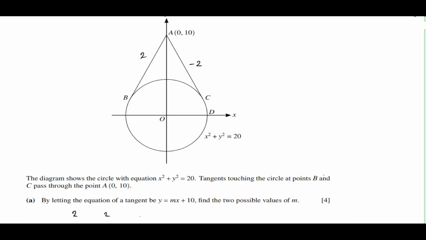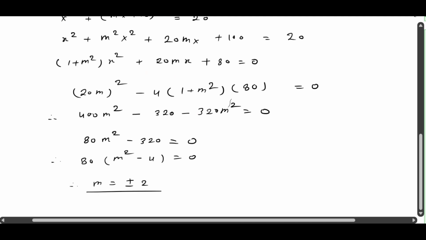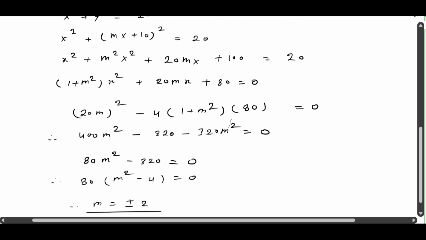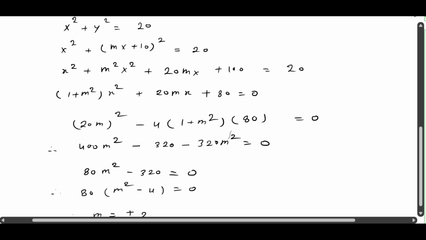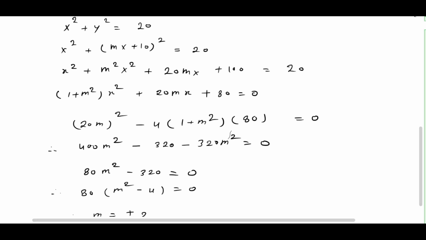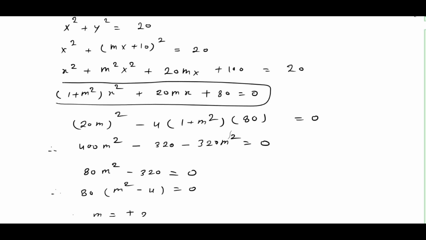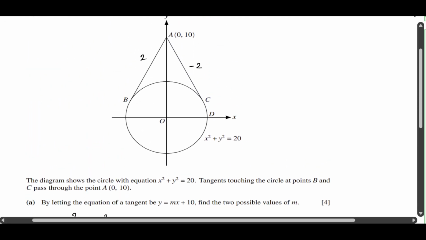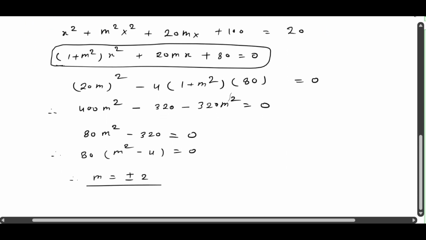Let us move to the previous part of the problem. Now here, as this is a tangent, we got this equation, and in this equation the value of m is +2 or −2. Now +2 will give me the coordinates of point B, and −2 will give me the coordinates of C.